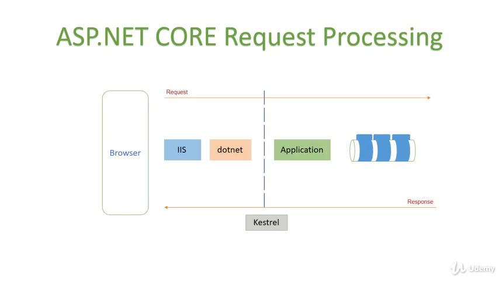Now keep in mind there are two web servers. One is the external one like IIS, Apache or Linux. There is also an internal web server hosted by your app. Requests from the external web server are passed to the internal web server and the other way around.